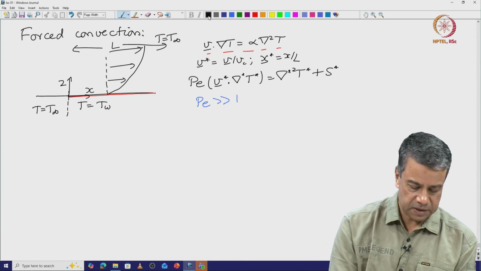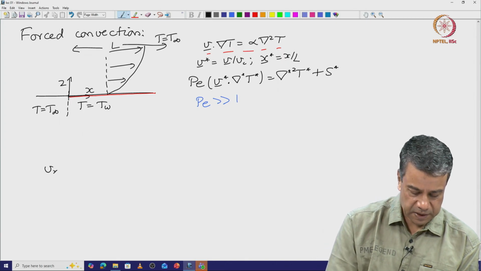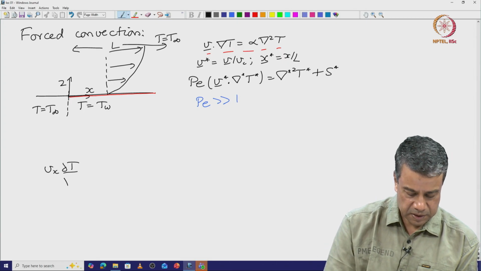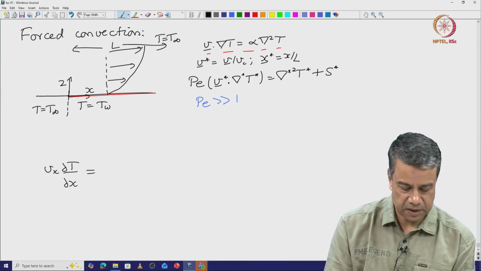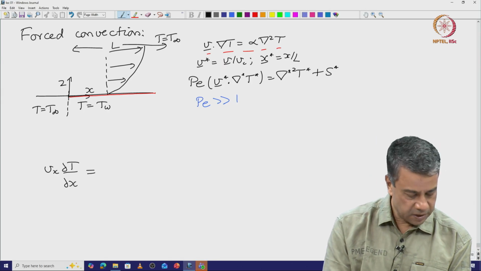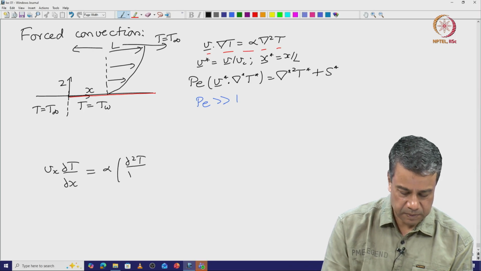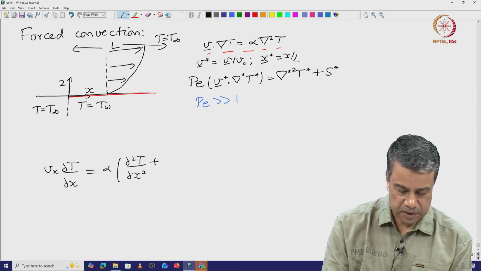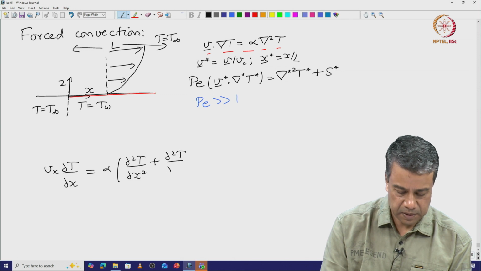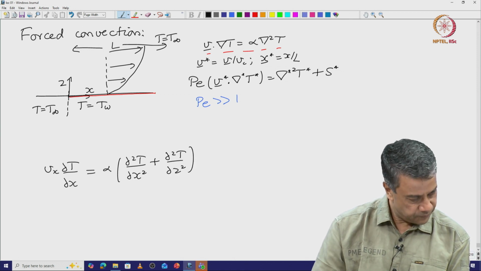So, for this configuration this will become Vx partial T by partial x, there is no velocity in the z direction, equal to alpha into partial square T by partial x square plus partial square T by partial z square.